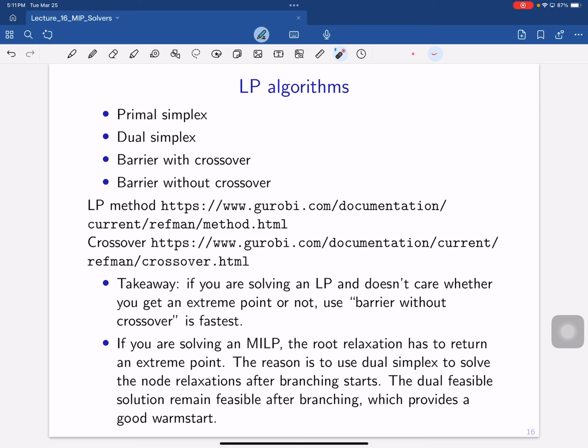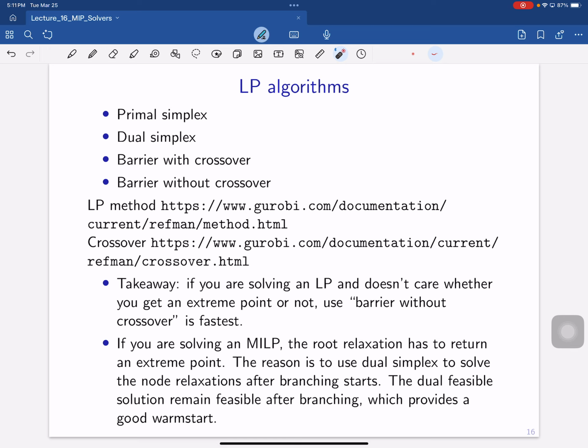The reason is, after solving the root node relaxation, you start doing branch and bound, and it will use dual simplex to warm start the branch and bound, right? Because after you add some branching constraint, x less than or equal to 0, x greater than or equal to 1, the feasible region of the dual will not be changed, right?